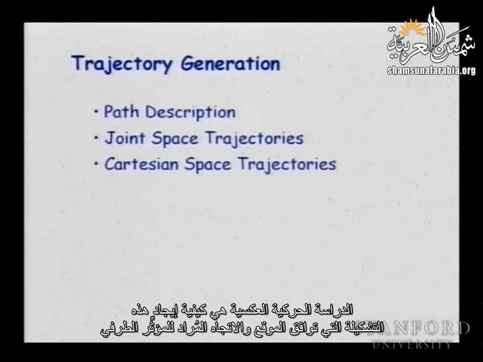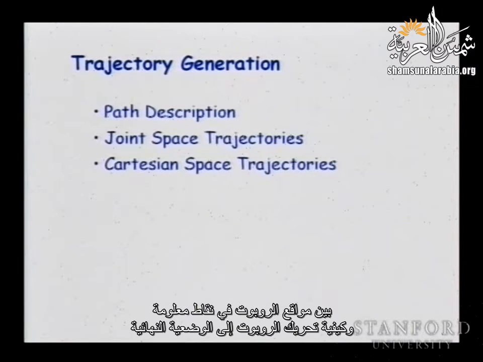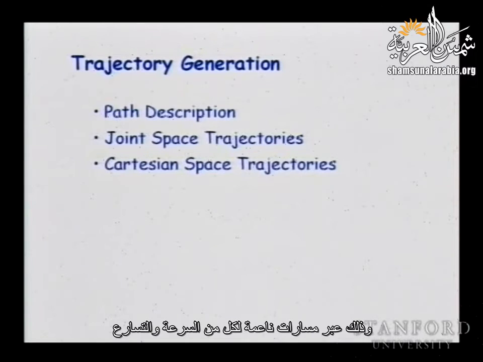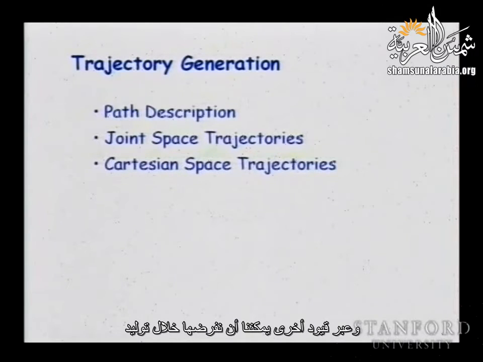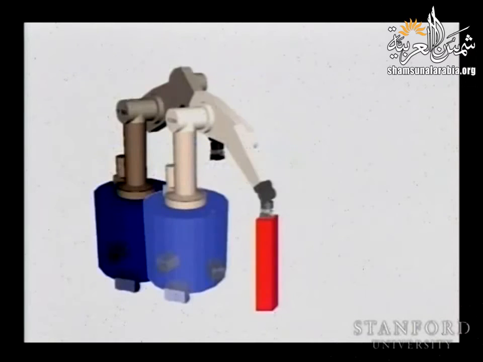And then using those solutions, we can do this interpolation between where the robot is at a given point, and how to move the robot to the final configuration through trajectories that are smooth both in velocity and acceleration, and other constraints that we might impose, through the generation of trajectories both in joint space and in Cartesian space.